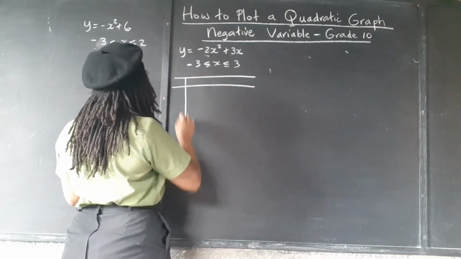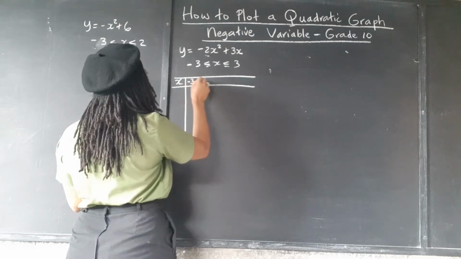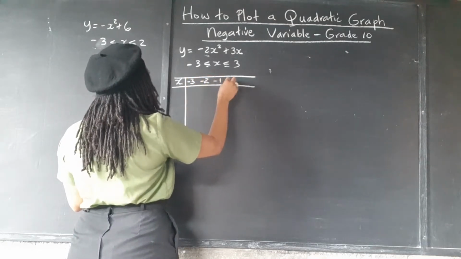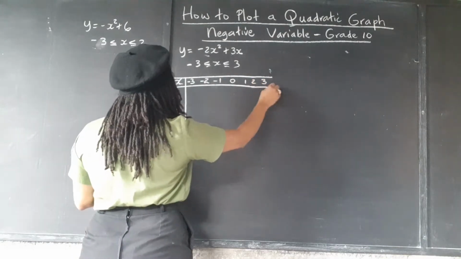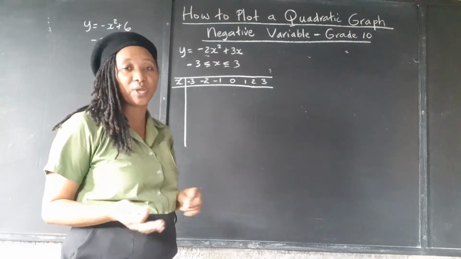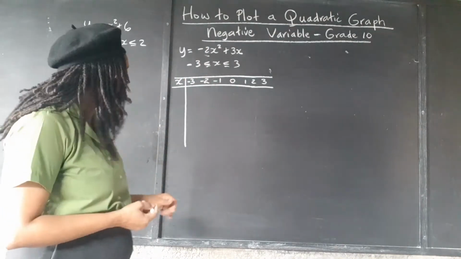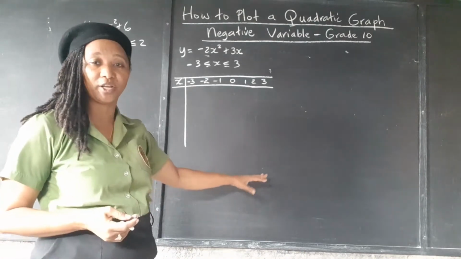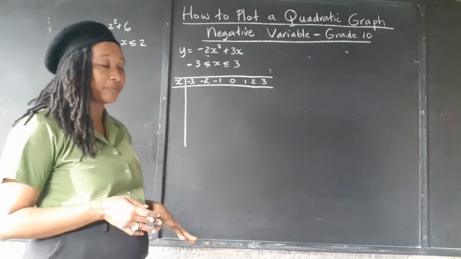Remember, we're going to account for all of our domain values, our x values from -3, -2, -1, 0, 1, 2, 3. All of them. Now we go back to our equation and we see what we are going to do to our x values to get our y values, because ultimately we want our ordered pairs so we can plot them on the graph.